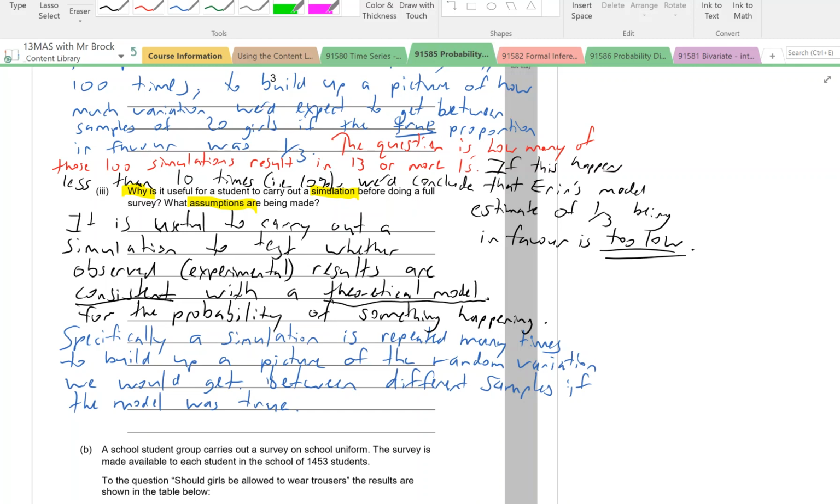So if our observed finding falls within this expected variation, then we wouldn't have enough evidence to reject that model.